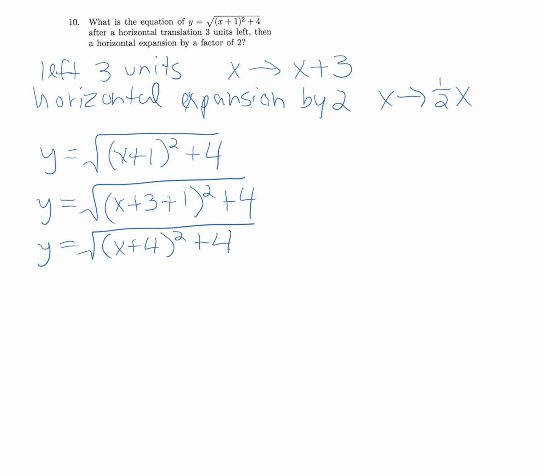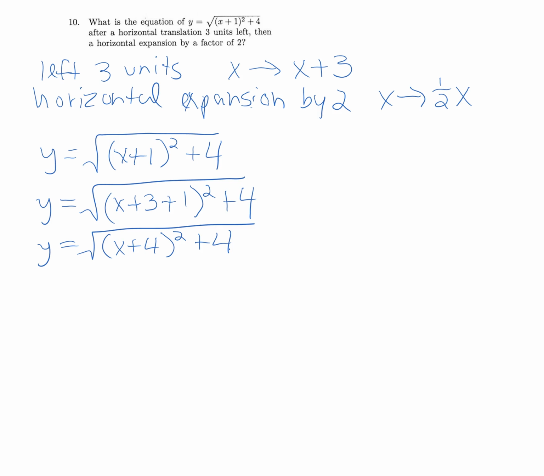So now I want to do my horizontal expansion by a factor of 2. And so what I'm doing is I am replacing x with 1/2 x. But in this case, what's tricky is that it's kind of hard to tell from the question, but what they want is a horizontal expansion that maintains the horizontal translation that we've already done.